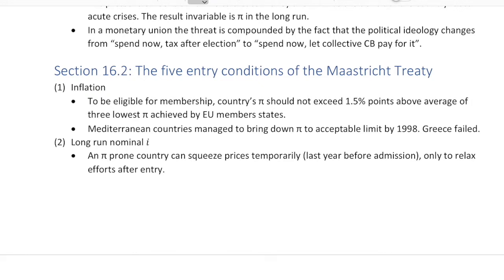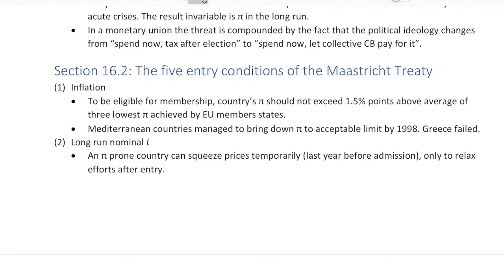Now, if you notice, once we're done with this section, you'll see that not a lot of these conditions overlap with the optimum currency area criteria that we discussed in the previous chapter.